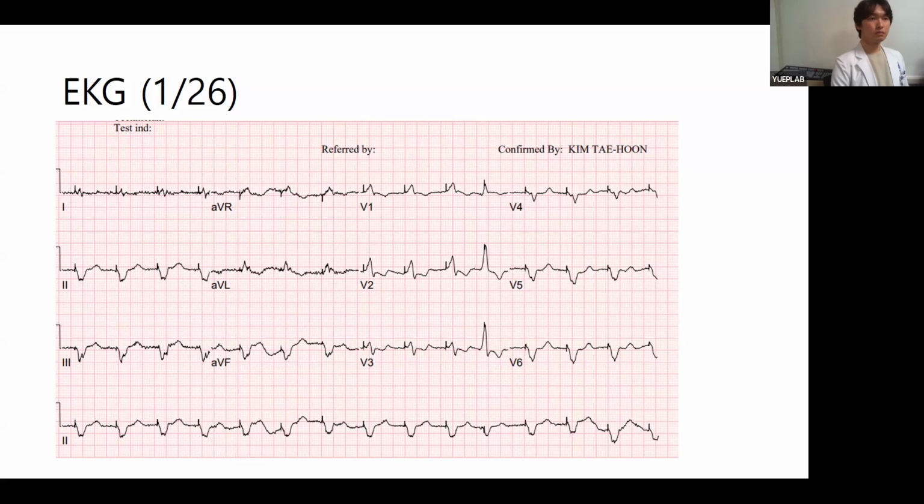But in the CSP era, it is quite a difficult question. Because when we choose CRT-P, we have more options, I mean, LOT CRT. But if we choose CRT-D and we use a DF4 lead, which is usually used in CRT-D, then we should select whether we use the LBBP lead or a conventional LV lead.